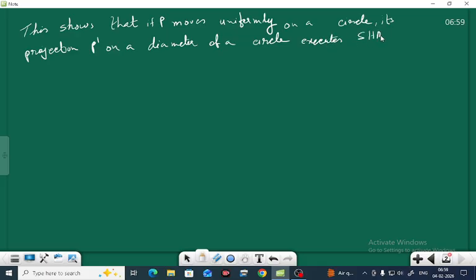So we call this particle a reference particle and this circle a reference circle. Only then can it be considered a simple harmonic motion. But remember that uniform circular motion is not a simple harmonic motion.